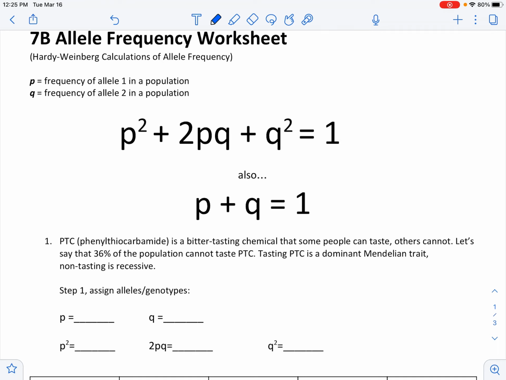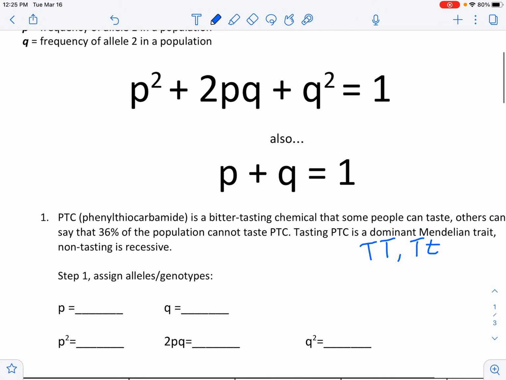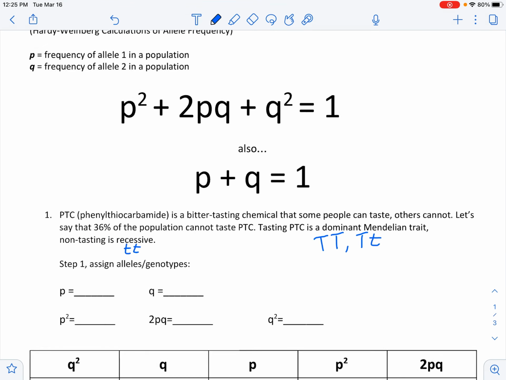For this first problem, it says PTC, phenylthiocarbamide, is a bitter-tasting chemical that some people can taste, others cannot. Let's say that 36% of the population cannot taste PTC. Tasting is dominant, so tasting would be either capital T capital T or capital T lowercase t. Non-tasting would be recessive, which would be lowercase t lowercase t.